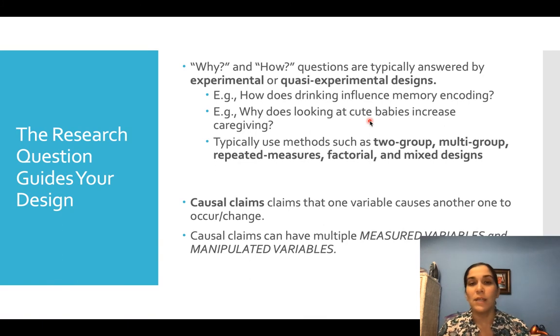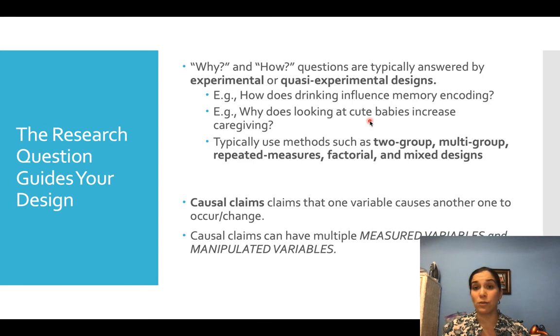And so these kinds of questions typically use experimental methods such as two-group, multi-group, repeated measures, factorial, and mixed design. We will talk about each of these kinds throughout the semester. So don't worry about what they mean right now. These are just the types of experimental designs that we are going to cover.